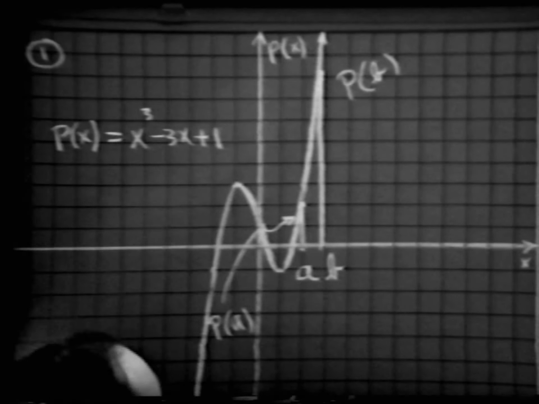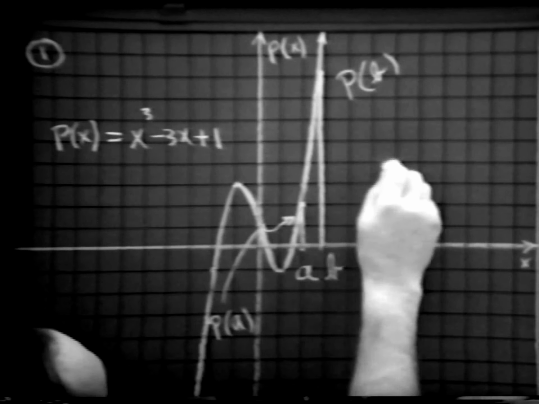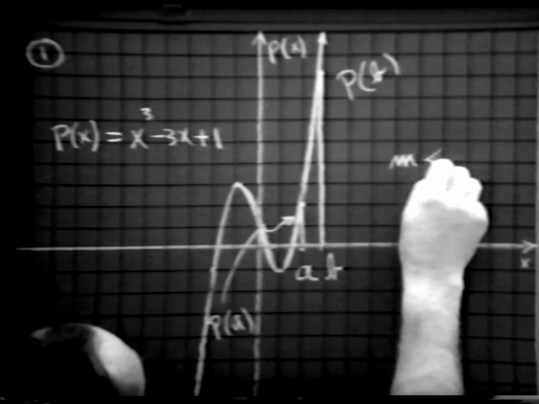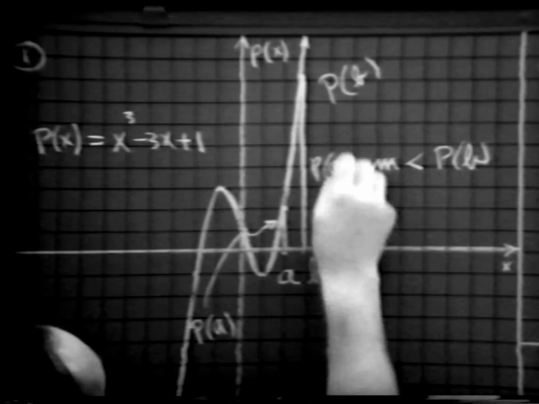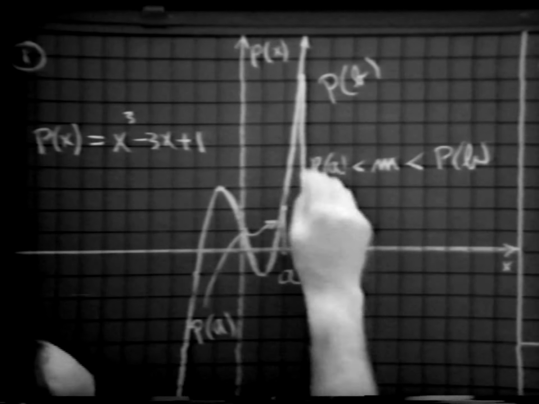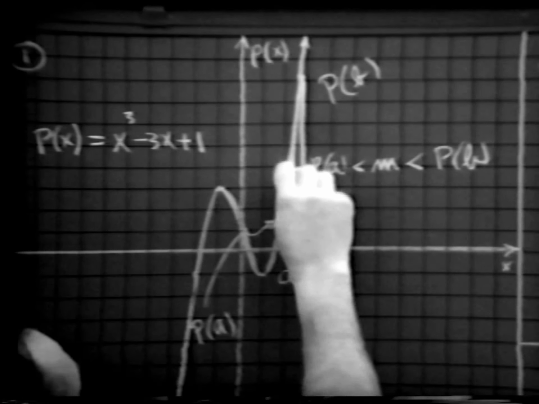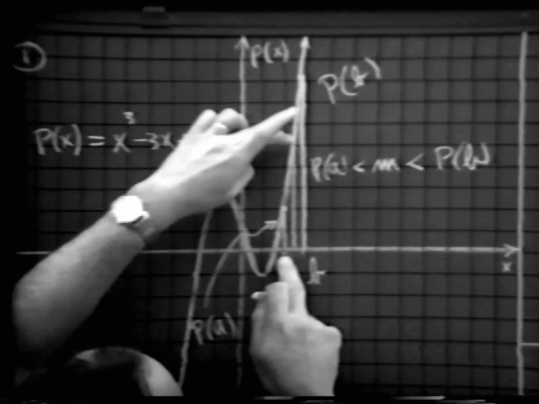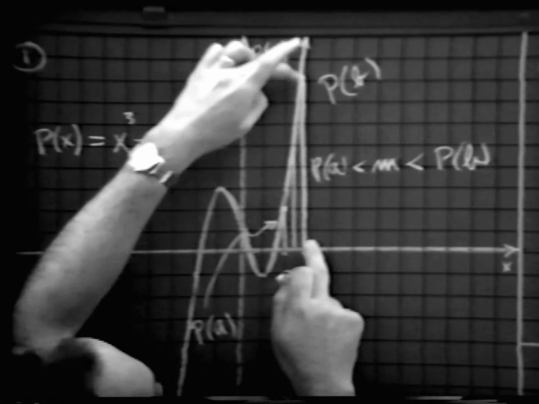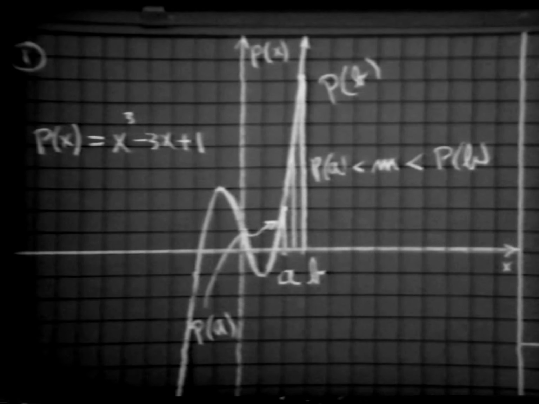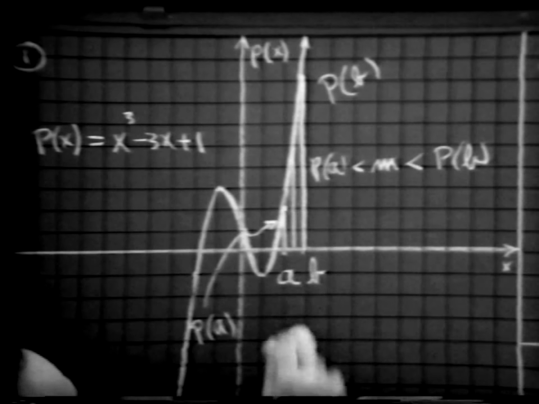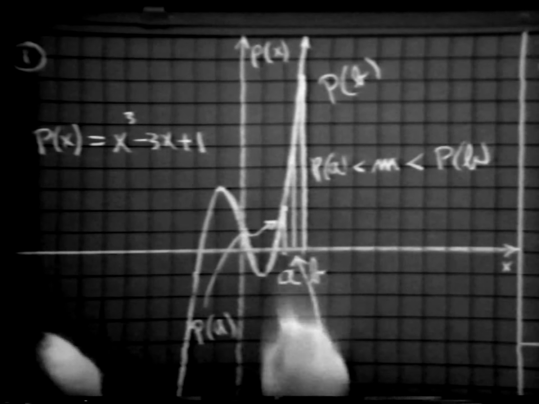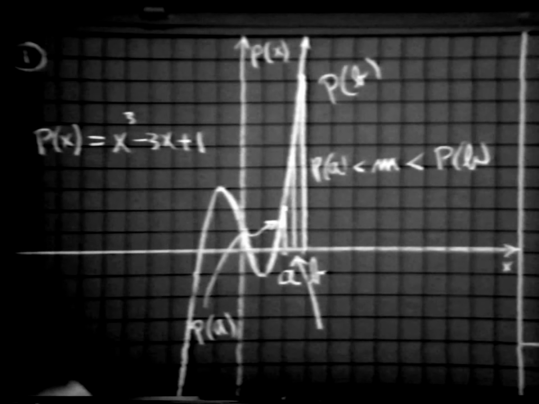Now, let me take some number, M, say, where M is between P of B and P of A, all right? And if you thought of this geometrically, you're going to think of some length of line segment, which must be a length which is between this length and that length. Is that right? Okay. Now, where must this point here be? Let's call this point C. Where must that point C be?